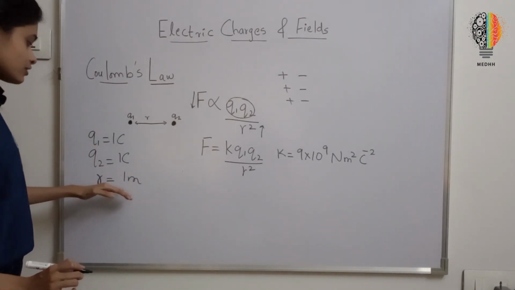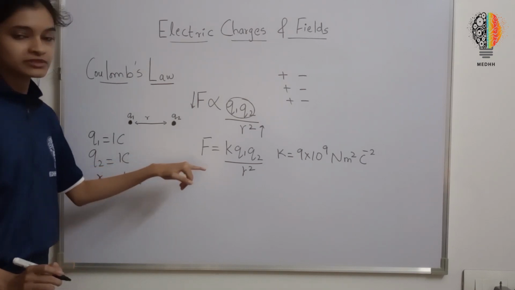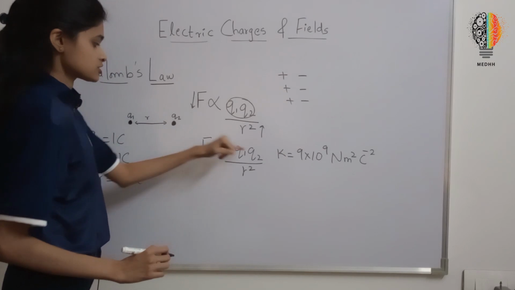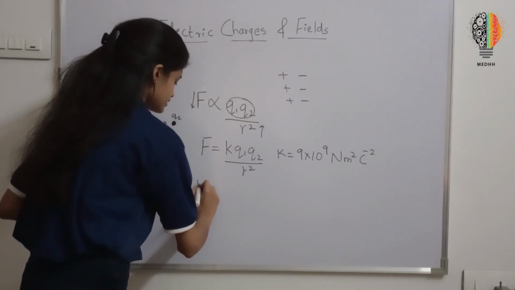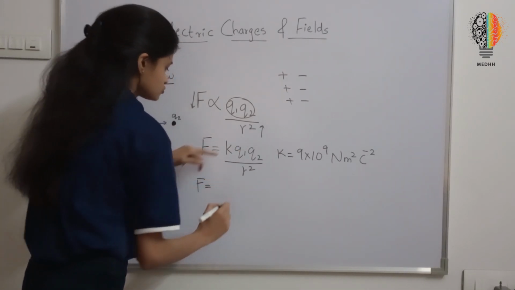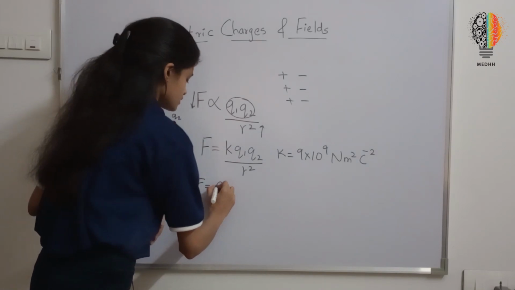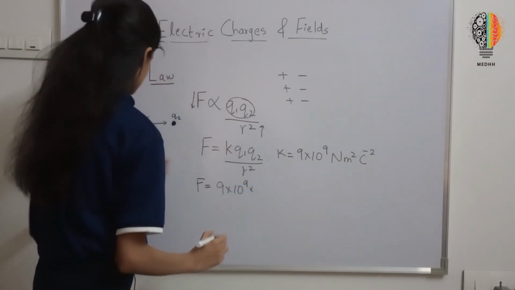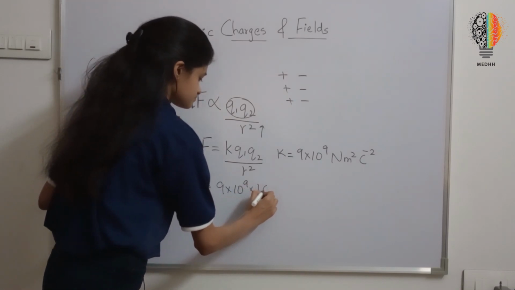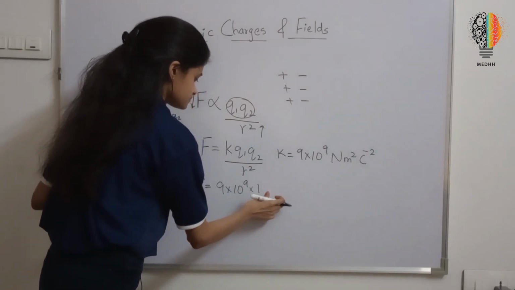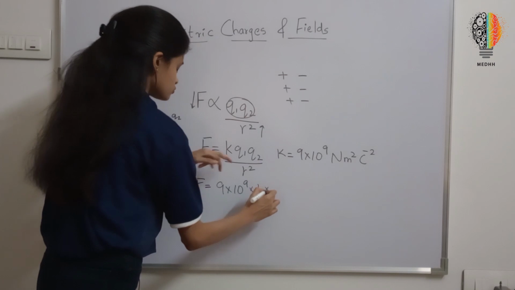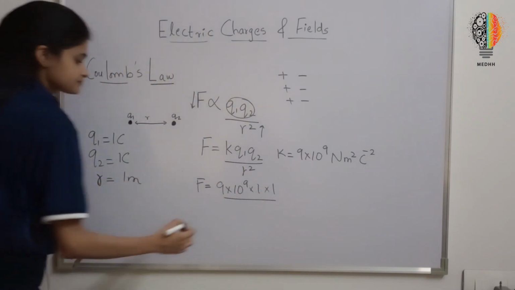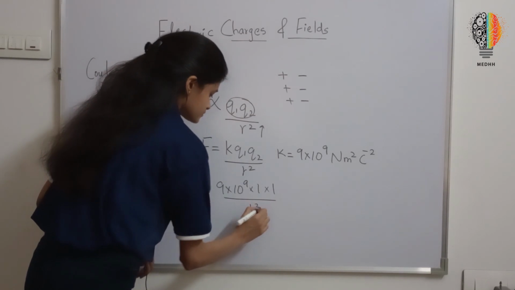Now let us calculate what will be the force experienced. Let us substitute these values in this formula. We will get F is equal to, we know the value of K, that is 9 into 10 to the power 9, into Q1 is 1 Coulomb, Q2 is also 1, r is also 1 square.